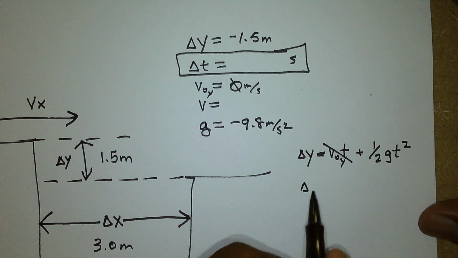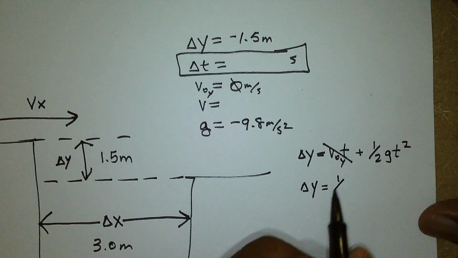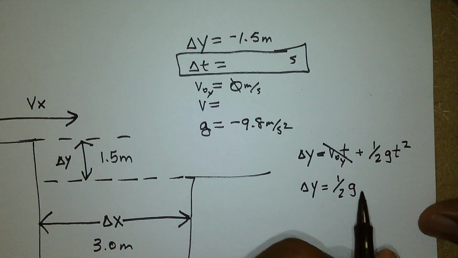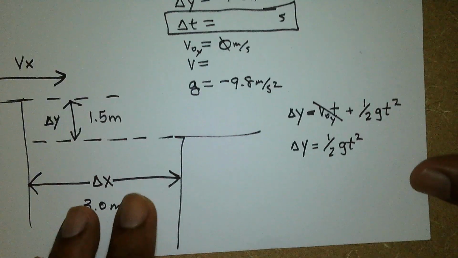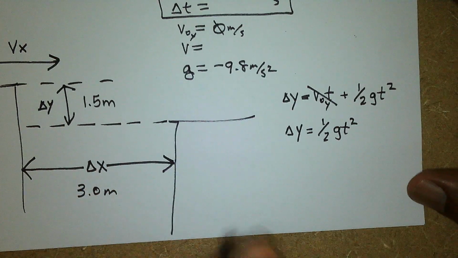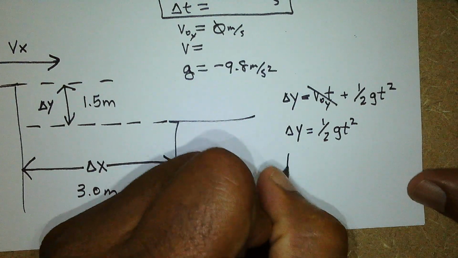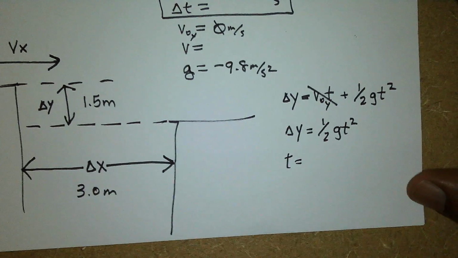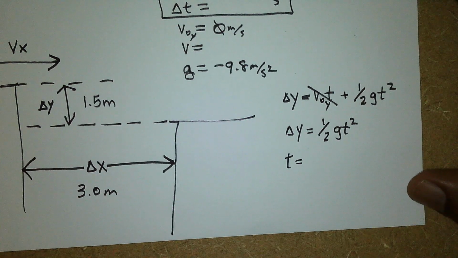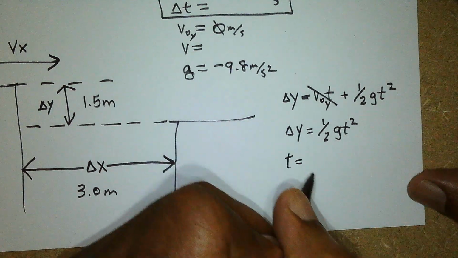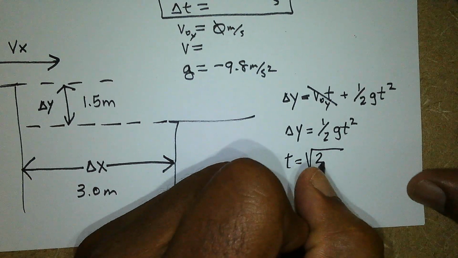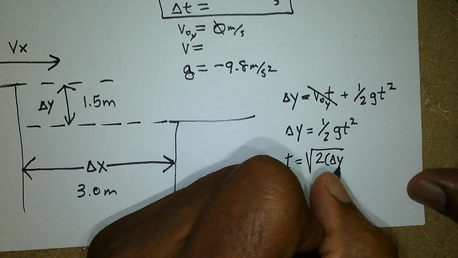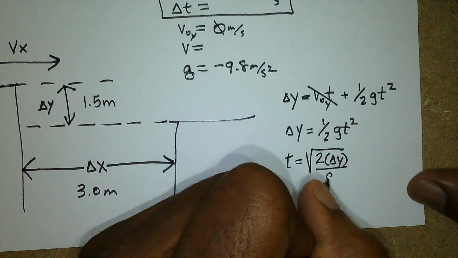So delta y equals 1/2 g t squared. Now, through the magic of algebra, we derive this equation to say t equals the square root of 2 times delta y over g.